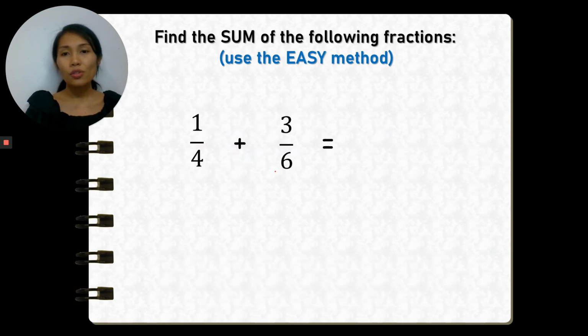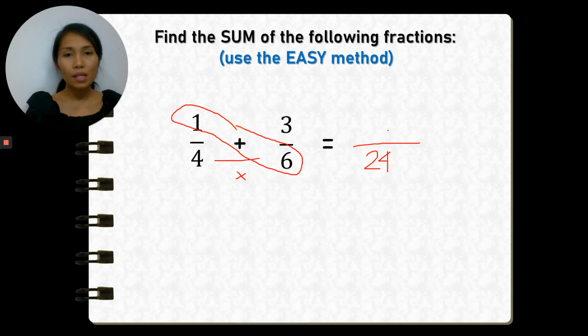Okay, let's try this one last time. 4 times 6 equals 24. That's our denominator. And then cross multiply. 1 times 6 equals 6, plus 3 times 4 equals 12. So the answer is 18 over 24.